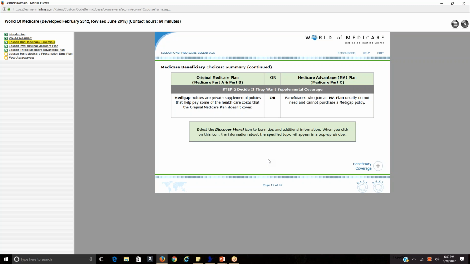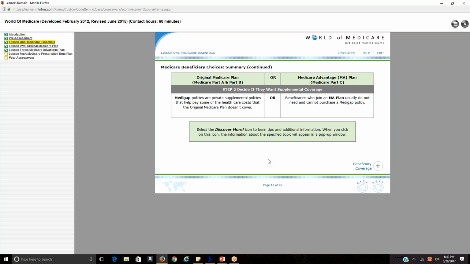So if you're hospitalized, you have to pay a deductible. If you have a Medigap plan and you have a decent one, it's going to cover that Medicare hospital deductible. And so you need to choose as a beneficiary whether you're going to choose that supplemental coverage or not.